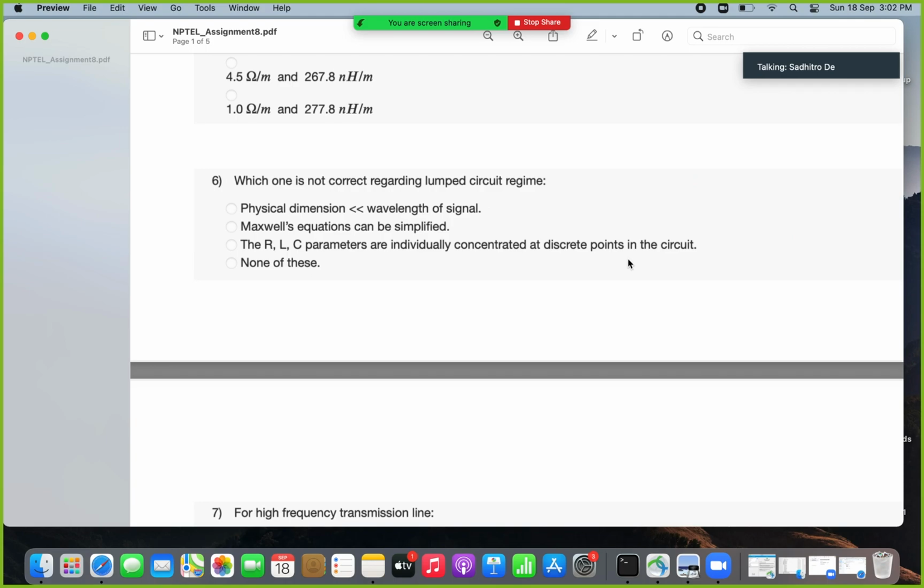You have resistance at one point, L at one point, C at another point. So they are individually concentrated at discrete points in the circuit. Understood this thing, no? Okay. So all these three properties are properties of a lumped circuit diagram.